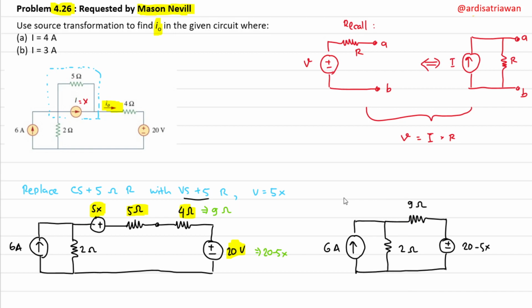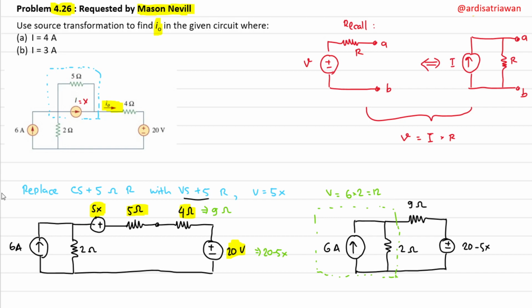Okay, so now what can we do here? We need to replace this part of the circuit. This needs to be replaced by a voltage source in series with a resistor. So this is 6 ampere, and so we will have V is equal to 6 multiplied by 2. So we will have 12 volt voltage source and this 2 ohm resistor.